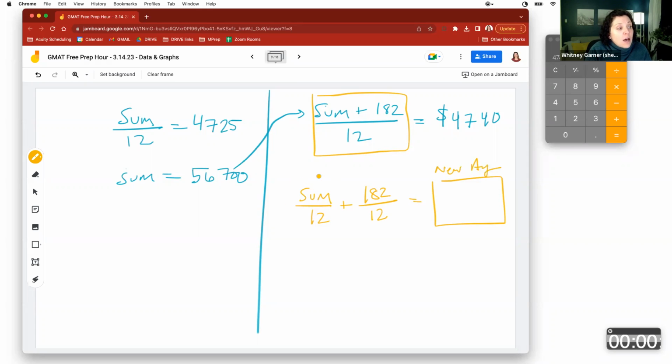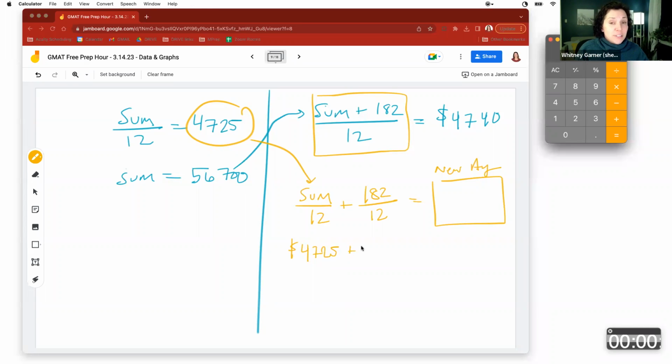Well, I know what the sum divided by 12 is. That's this original average, 4,725. So what I need to figure out is, what is this increase of 182 going to do to my average? So what we're doing is we're basically saying, what's the change in my sum? Let's spread that out over 12, right? Let's pump that through the average formula.